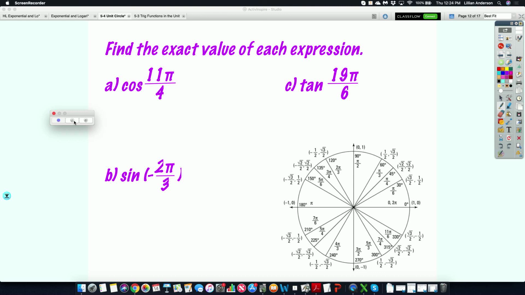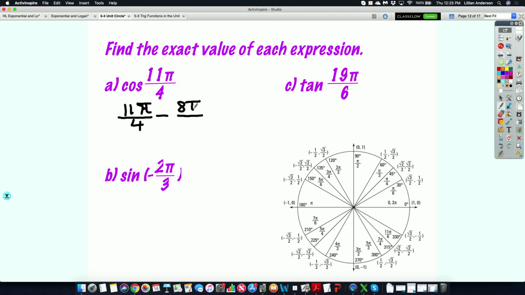But if we can find a coterminal angle, then we can find the exact value of each. So, 11 pi over 4. Am I going to add 2 pi or subtract 2 pi to find a coterminal angle? Subtract. And 2 pi is the same thing as saying 8 pi over 4, because I need a same denominator.